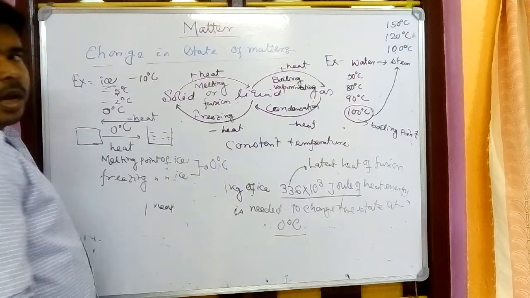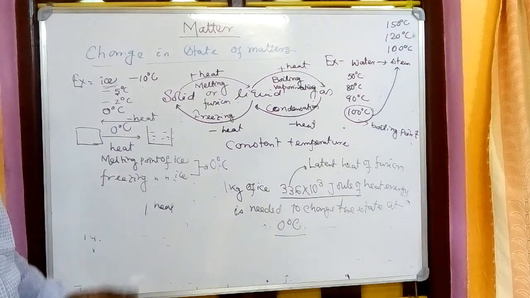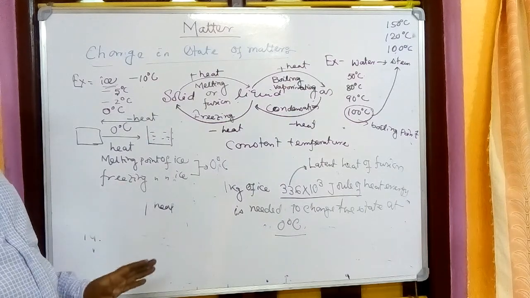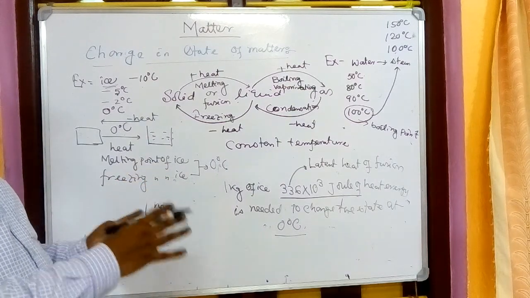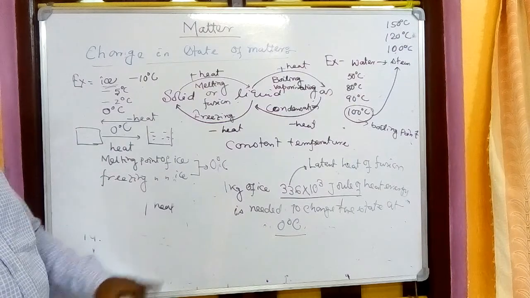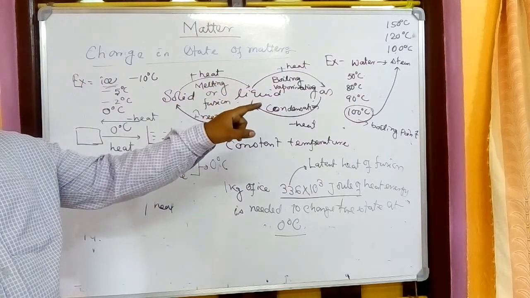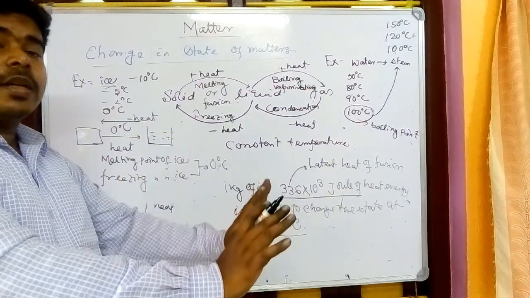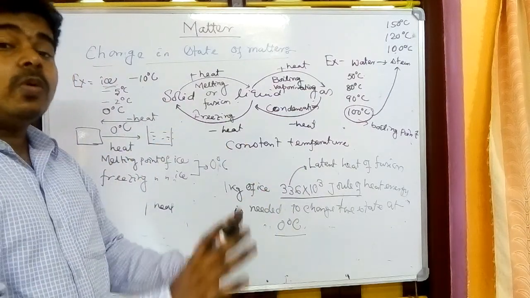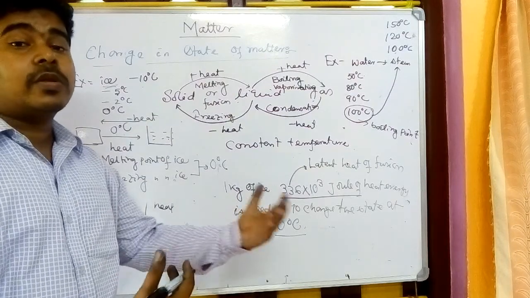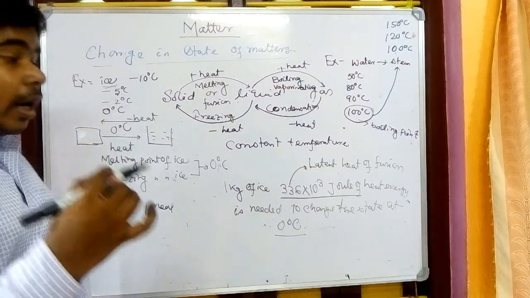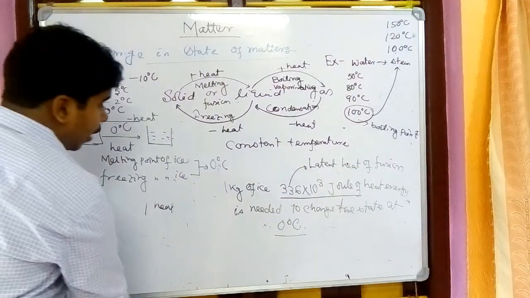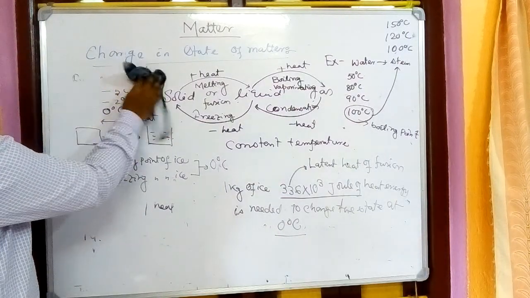Same thing. Now the question is, how much extra heat energy do you have to give to water to convert it to steam at the constant temperature of 100 degrees centigrade? That value we have to write down. So I am erasing this one.